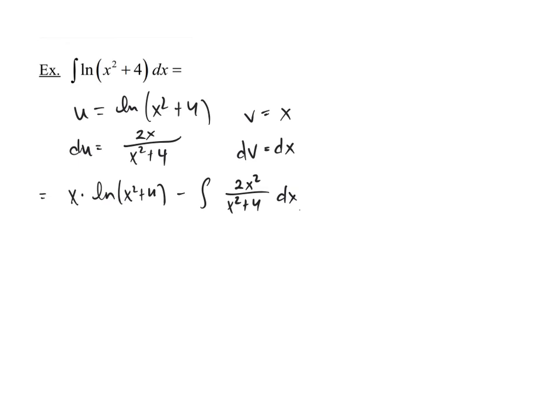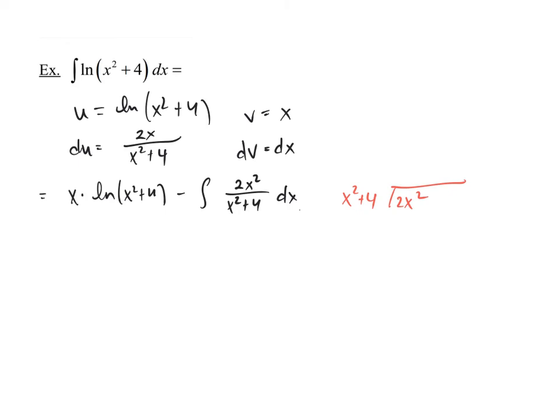Okay, my focus now is on this integral, 2x squared over x squared plus 4. And notice that this fits the category where the numerator and denominator have the same degree. And so therefore, I'm going to use long division to find the answer. So I'm going to come over here, and in red, I'll do my long division. x squared plus 4 will go on the outside, since it's the denominator. 2x squared will go inside.